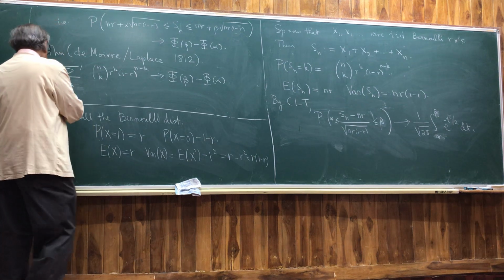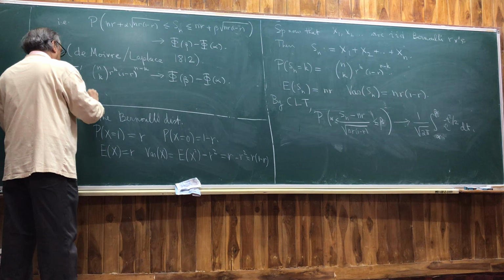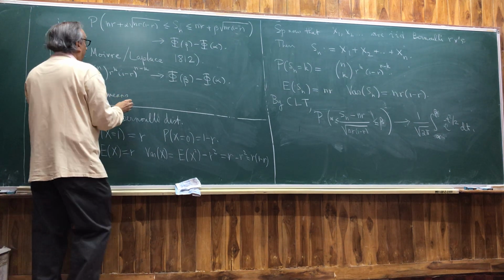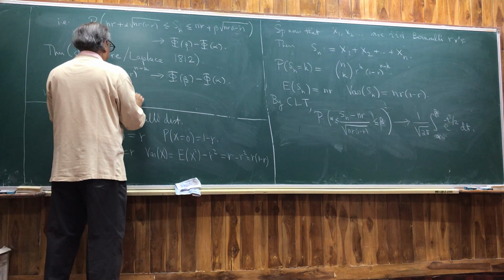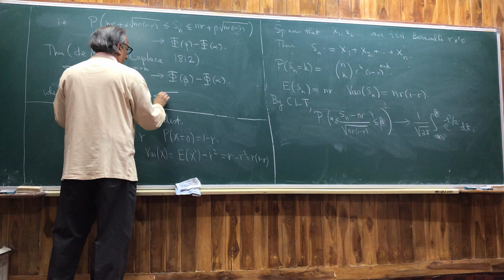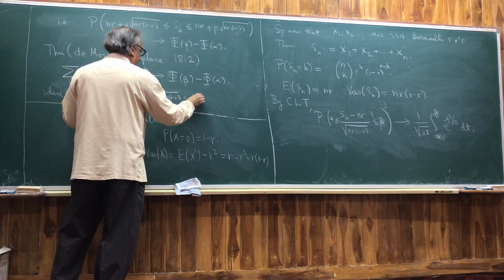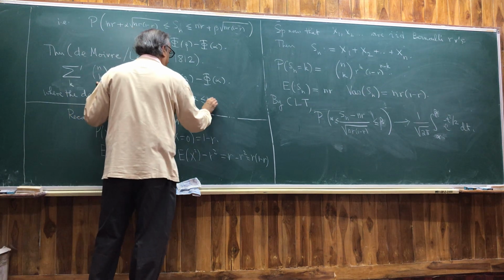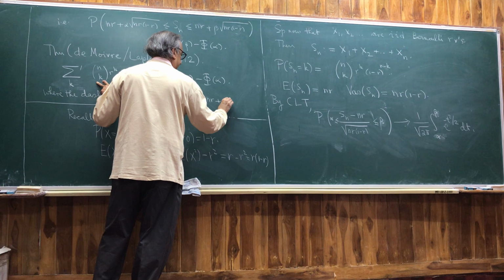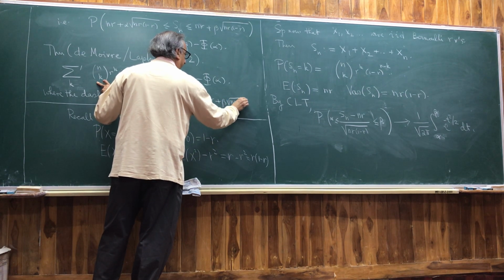So the dash means that k is in a restricted range, that nr plus alpha square root of nr(1 minus r) is less than k, less than nr plus beta square root of nr(1 minus r).